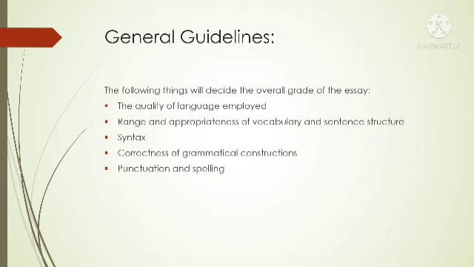So all these things should be kept in mind when you write an essay, and your overall grade will be given depending on all these things. So the examiner will take into account the quality of language, range and appropriateness of vocabulary, syntax, correctness of grammatical construction, punctuation and spellings, and give you appropriate marks.